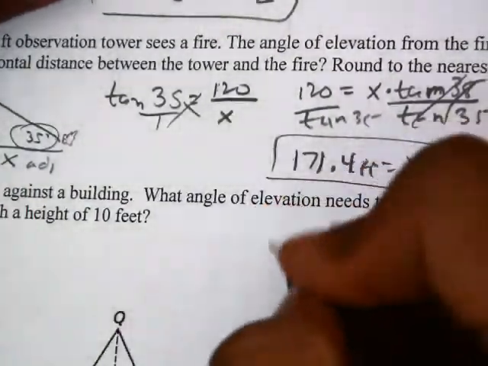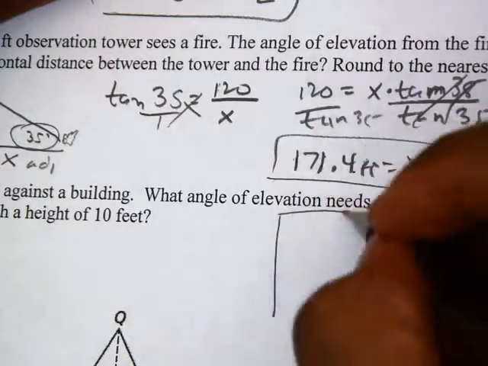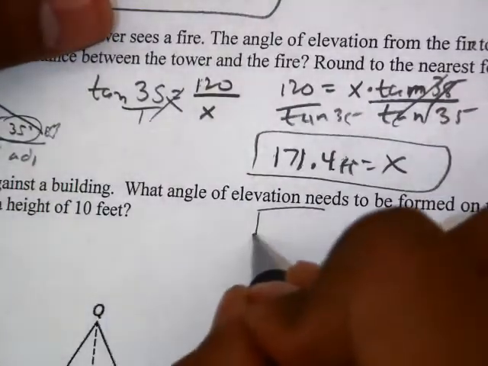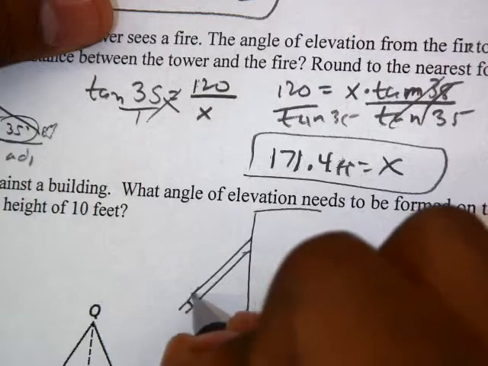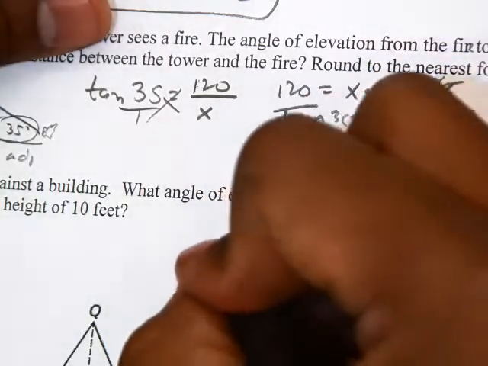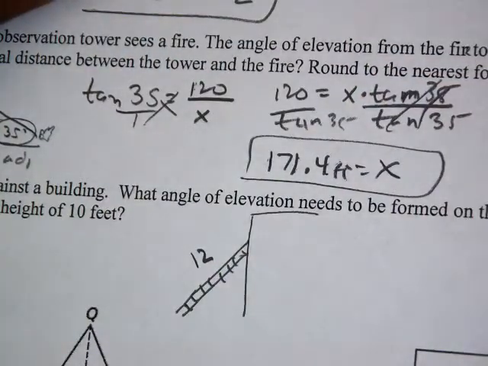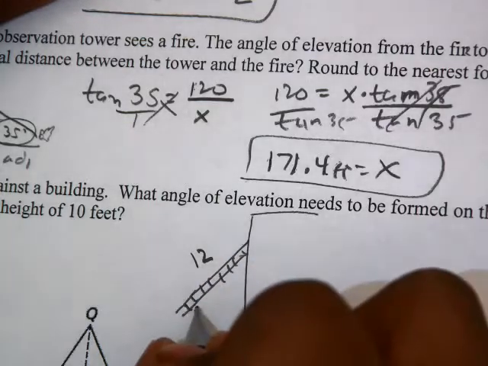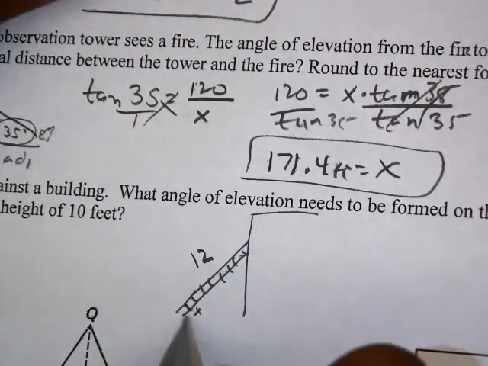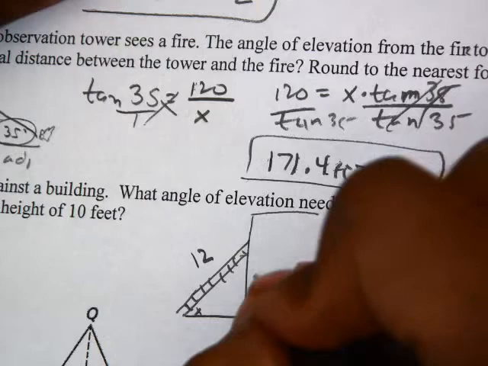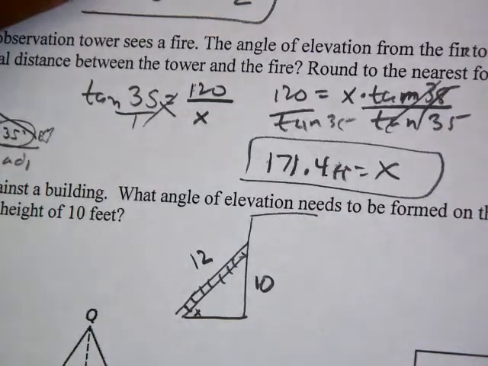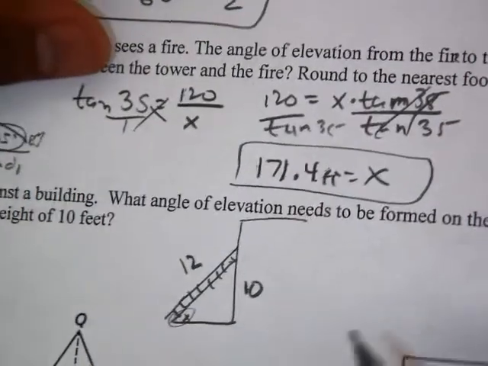On 5, a 12-foot ladder is placed against the building. So here's a building, here's the ladder. The ladder is 12 feet. What angle of elevation needs to be formed so the ladder reaches a height of 10 feet? Here's the angle, so I need that angle x.